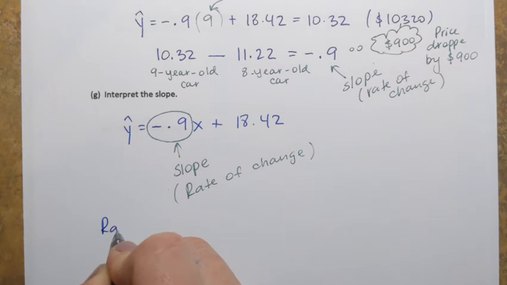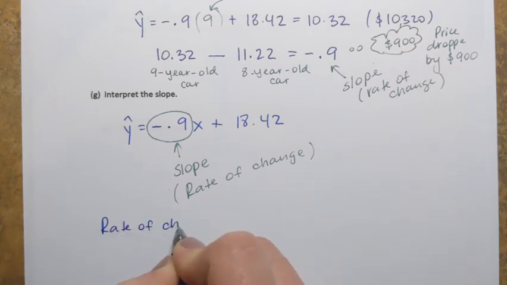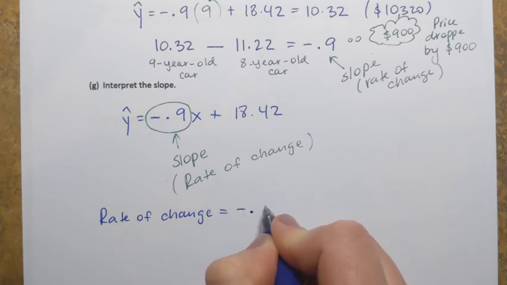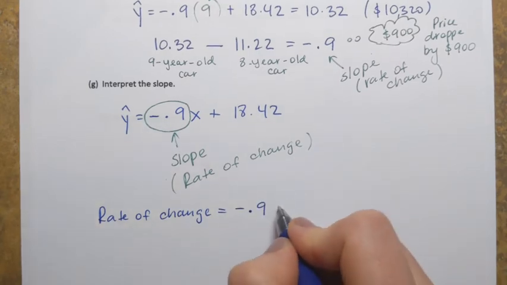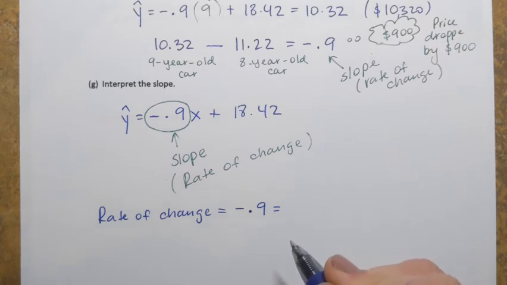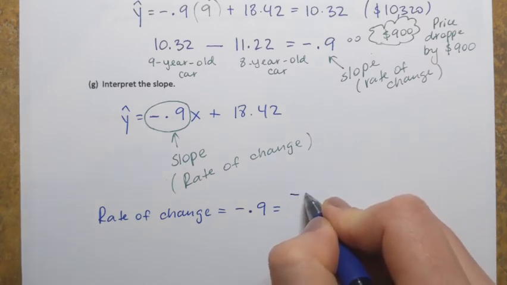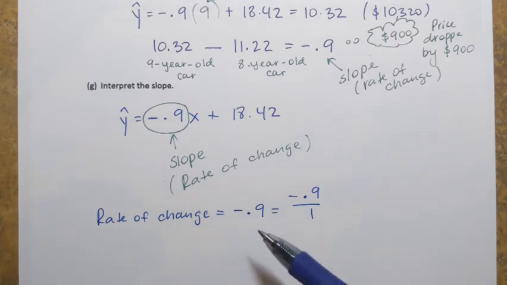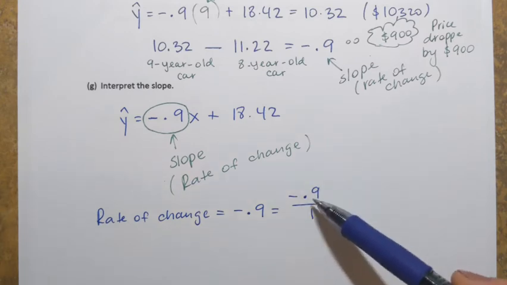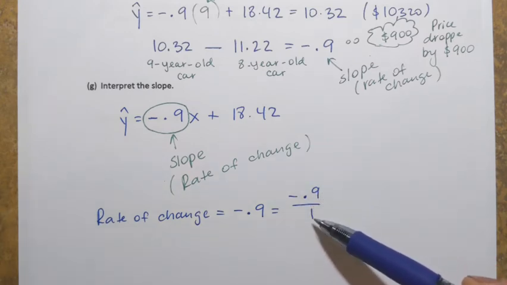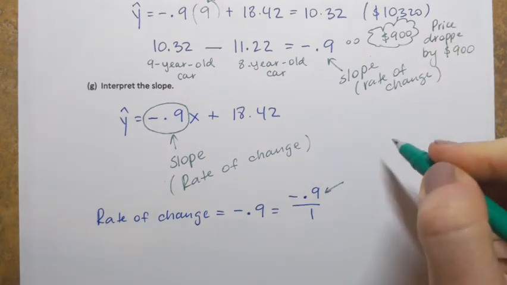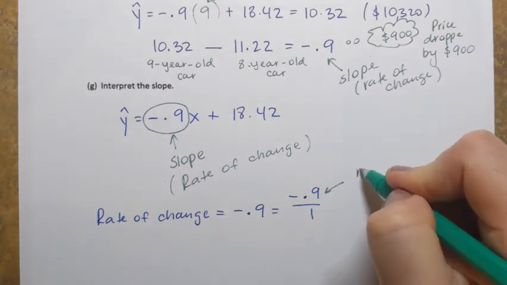So rate of change, I'm just going to write it down one more time, is negative 0.9. You rewrite it as a fraction with 1 in the denominator, so it's negative 0.9 over 1. Any number we can put over 1. But we really want to look at the rate of change as a quotient, something with a numerator and denominator. The top value will always represent the response variable.